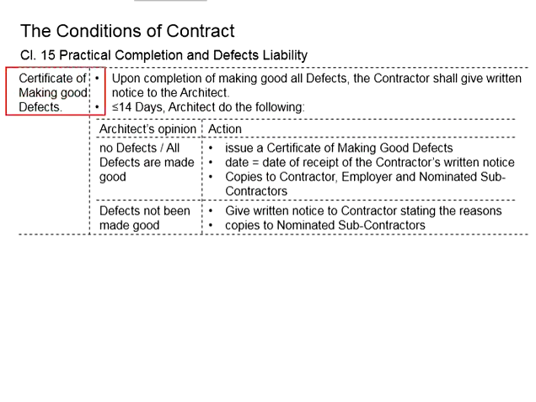The same goes for the certificate of making good defects. If everything is cleared, it will need to be CC'd to the employer and the NSC. But if it is not cleared, the architect will only need to notify the NSC. No need to inform the employer.